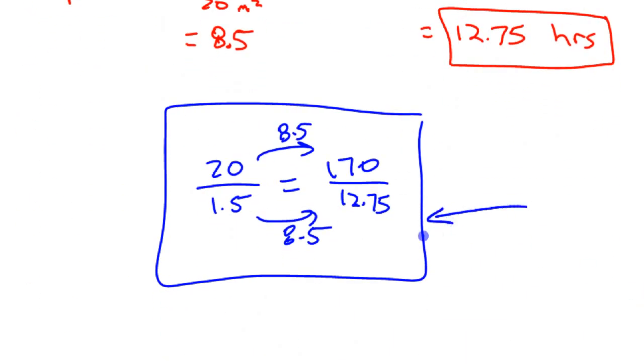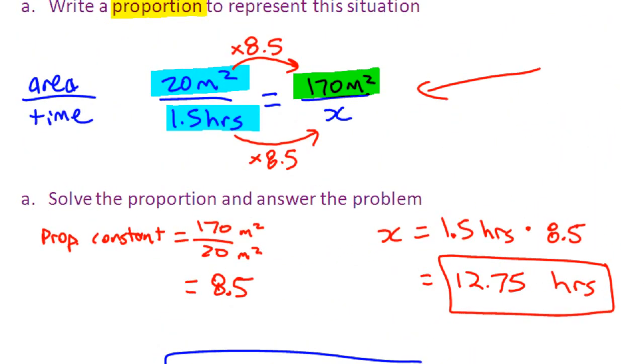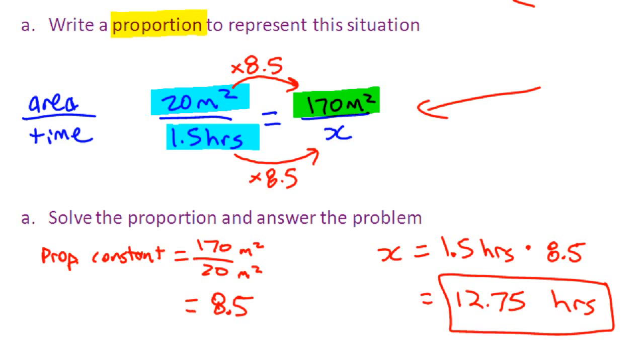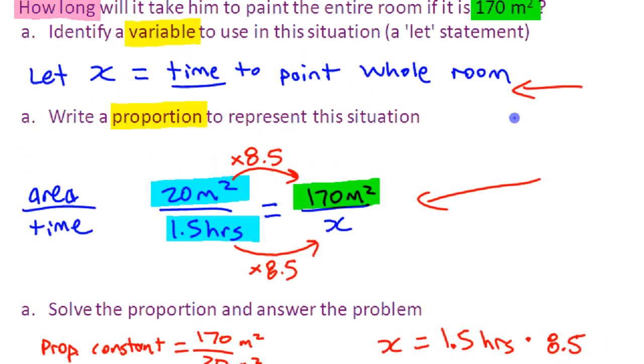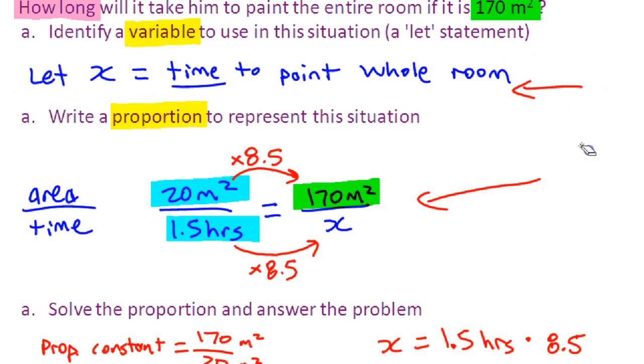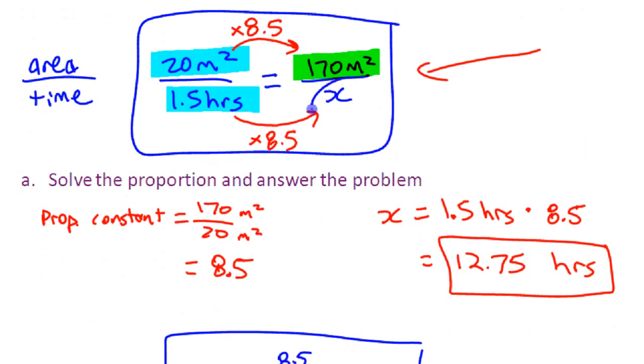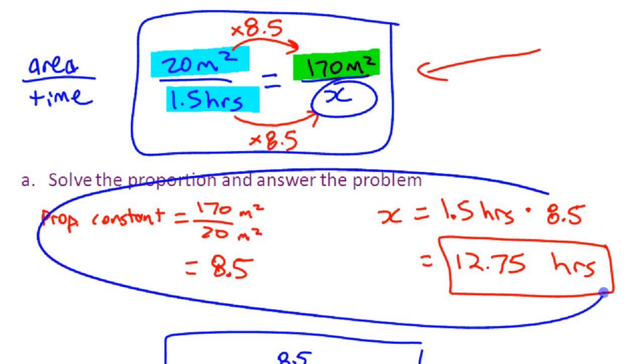At the end, once you're done, remember what I always tell you: if I took it to the teacher next door and I showed it to them, they have to understand, without having been here and heard this, how you got your solution. If my solution here starts with let x equal this, and then I write a proportion with a missing number, x, then I show how to find x.